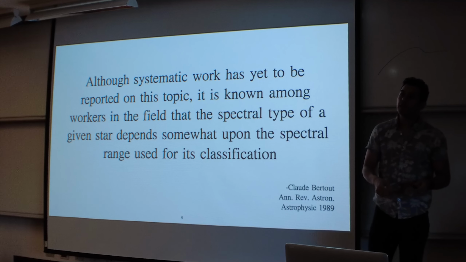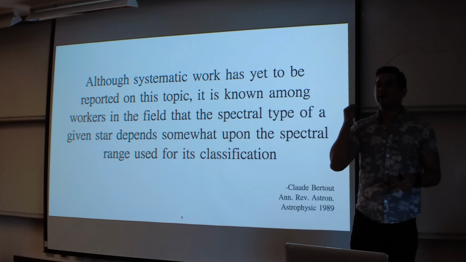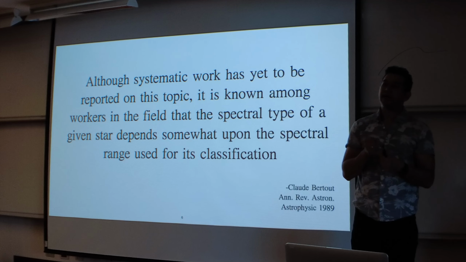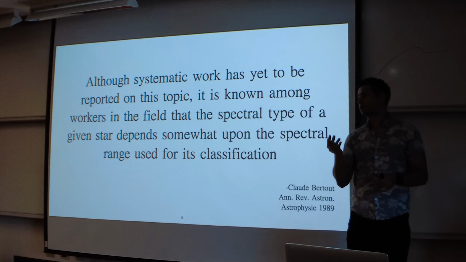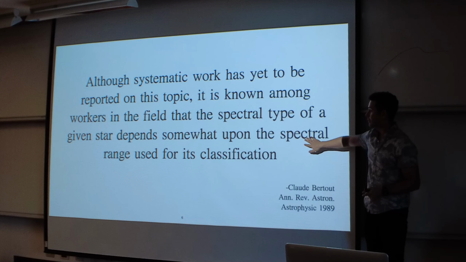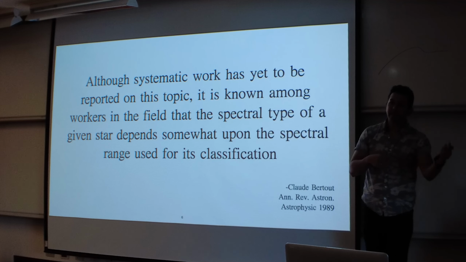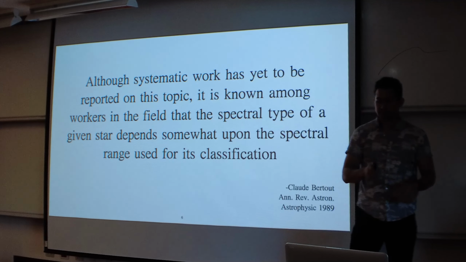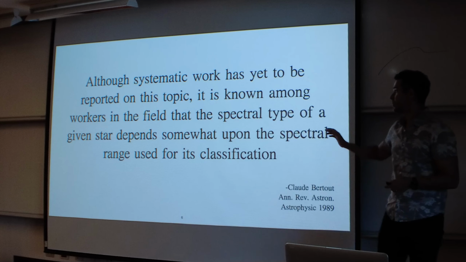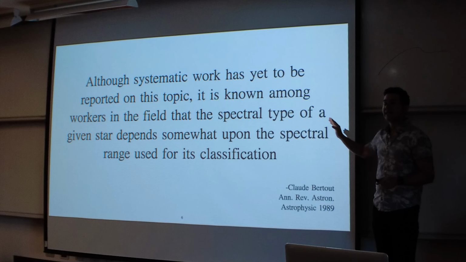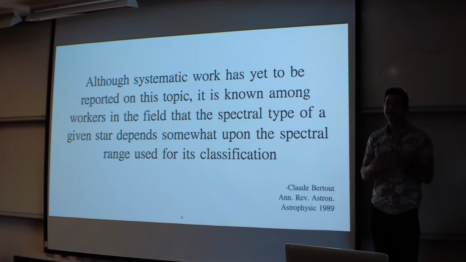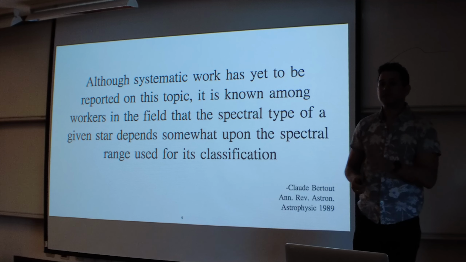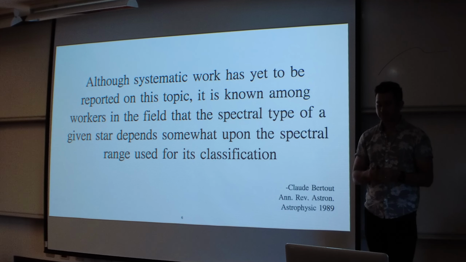Another explanation was that we are looking at binaries. So maybe there are two stars there, and we get confused when we try to spectral type them. Maybe at one wavelength it looks like one spectral type, at a different wavelength a different type of star. But the more we do research, we're pretty sure that some of the sources that still share this characteristic are single stars. And another idea was that maybe it was caused by starspots.